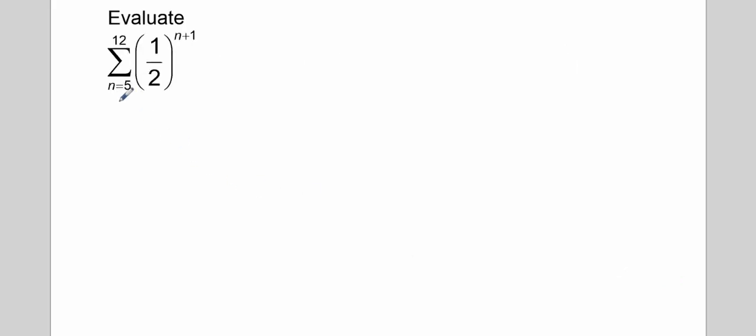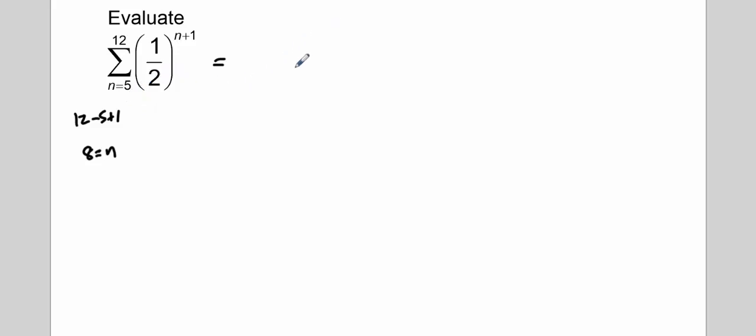Second problem has our little trick in it. We know that in this case, n is not 12 because we're starting at 5. So we know that 12 minus 5 plus 1 gives us our n value. So we have n equaling 8. So now again, I'm going to take and pop a 5 in, get my first value.